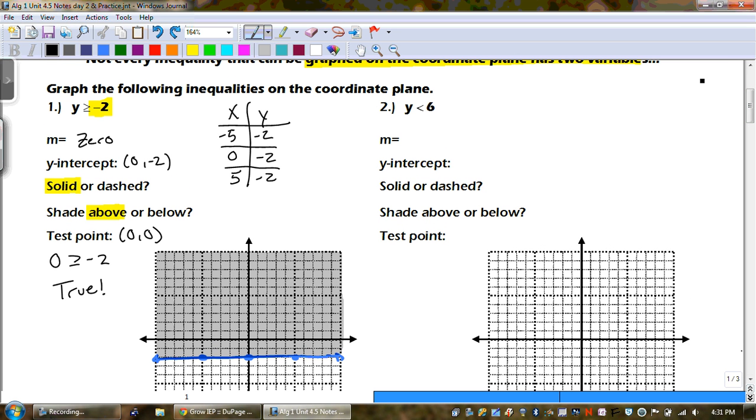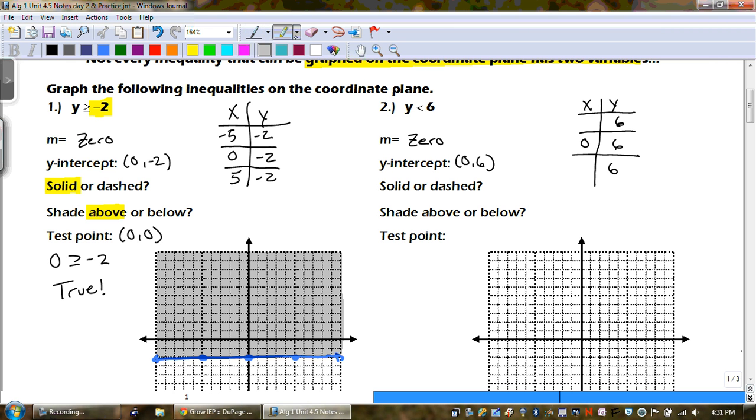Number 2. We got y is less than 6. We just did a y equals graph, so we know that our slope is 0. When we do our points, one of the points is 0, so it's going to be 0, 6.